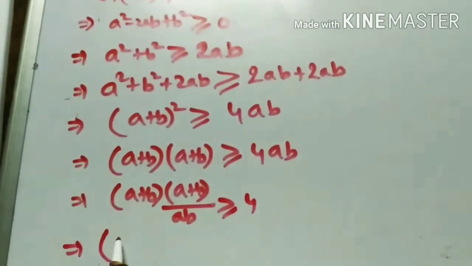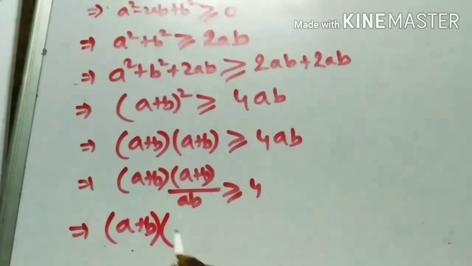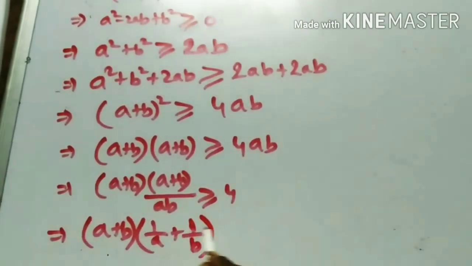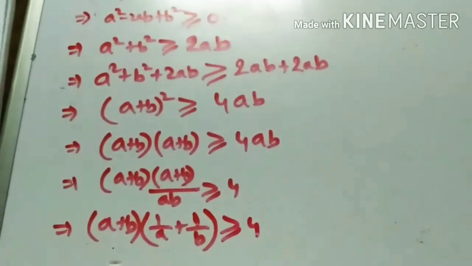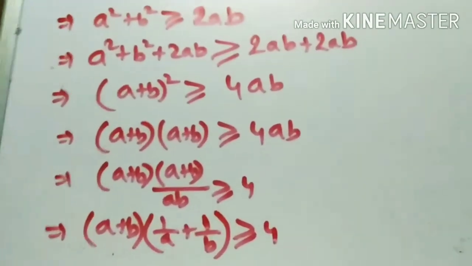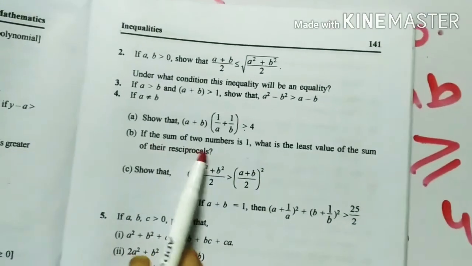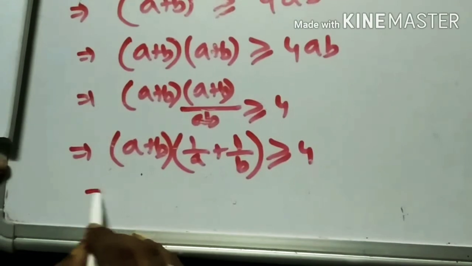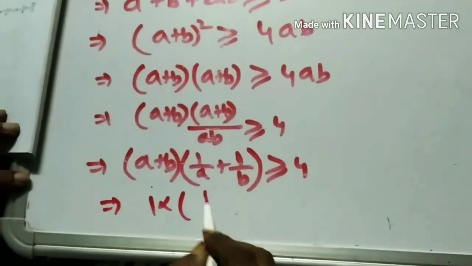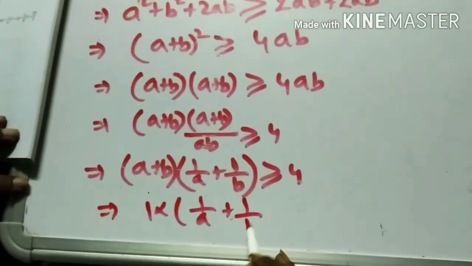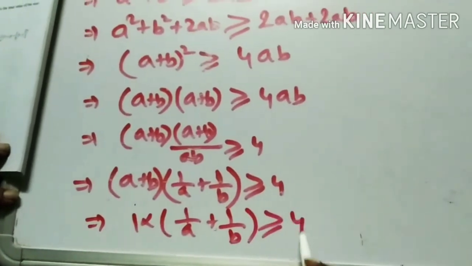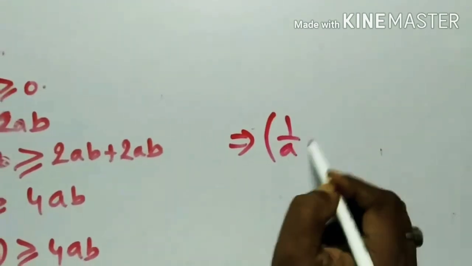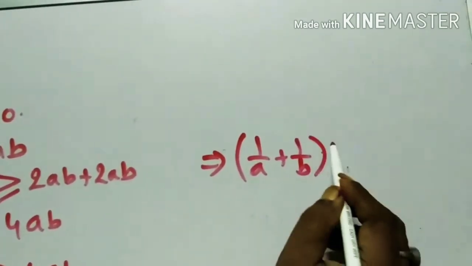So this will become a plus b bracket 1 by a plus 1 by b greater than or equal to 4. So if a plus b is 1, as given in the question, sum of the two numbers is 1, that is a plus b is 1. So it becomes 1 into 1 by a plus 1 by b greater than or equal to 4. So it implies that 1 by a plus 1 by b is greater than or equal to 4.